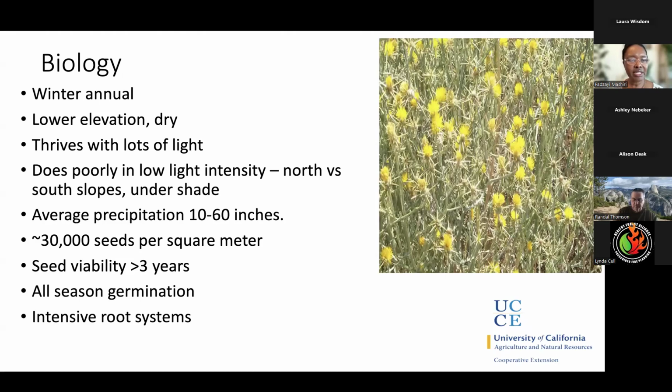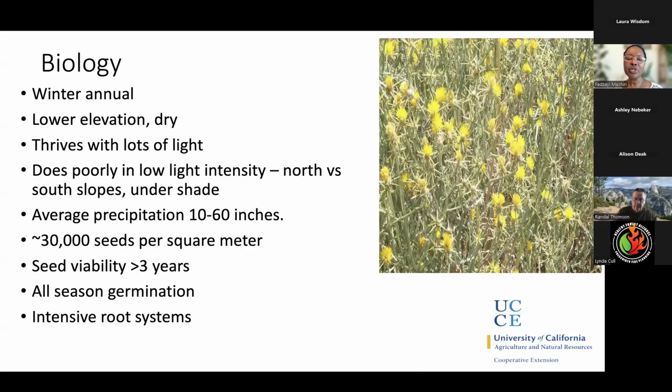It can exist in areas where precipitation is between 10 and 60 inches. So it has a very wide range of environmental conditions that it can exist in, and produces lots of seeds. More than 30,000 seeds per square meter can be deposited by high densities of yellow star thistle.